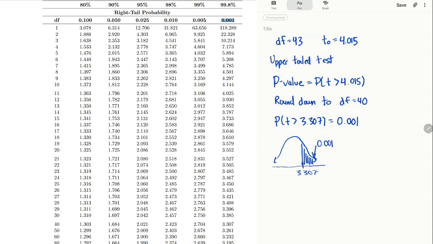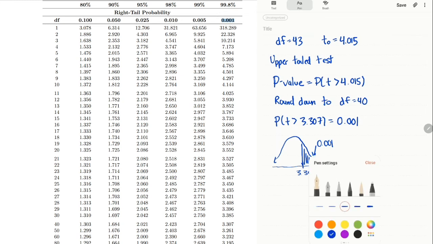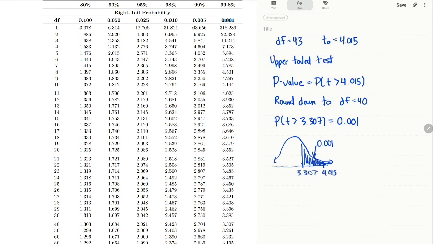And now what we want is the area to the right of 4.015. Maybe let's try coloring this with a different pen. The p-value is going to be the area to the right of 4.015.